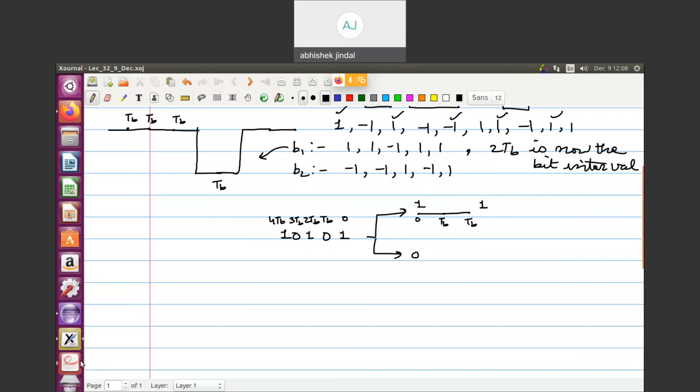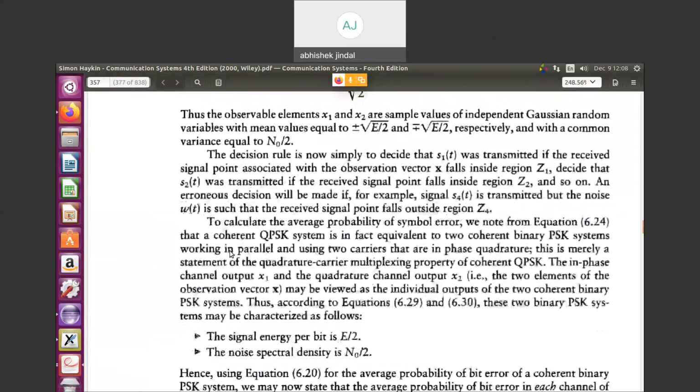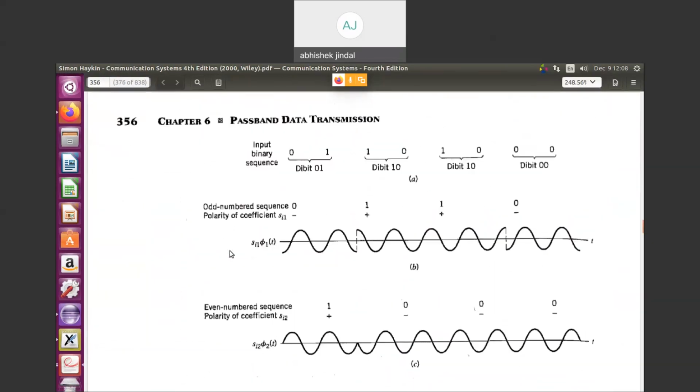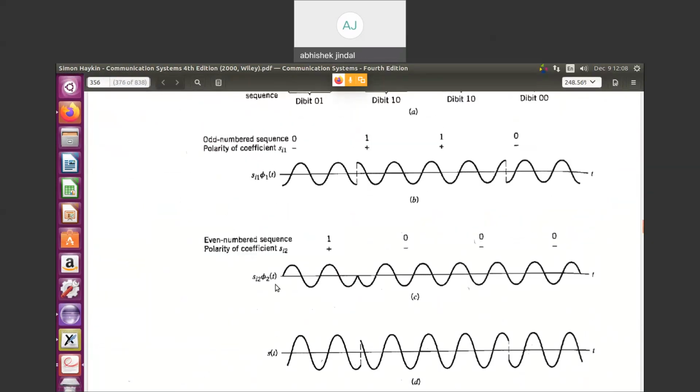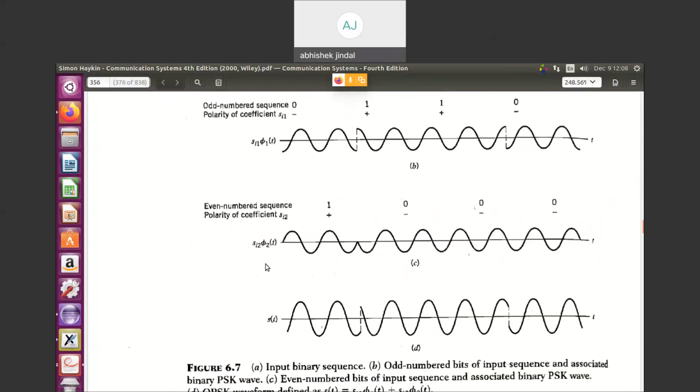Now the doubt I have raised is, if you go back and see this diagram, they have this odd number sequence and this even number sequence. They have drawn the respective BPSK waveforms, and then they say that we add both of them to generate the QPSK waveform. Now there is a doubt. I said that we choose fc as some integral multiple of 1/TB.